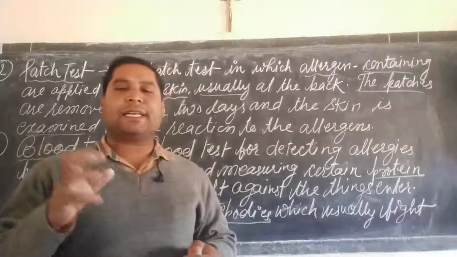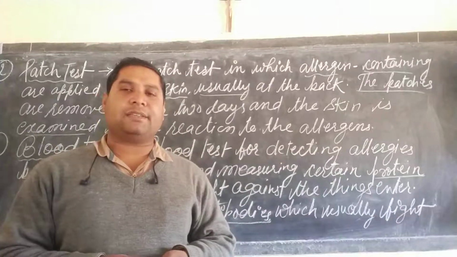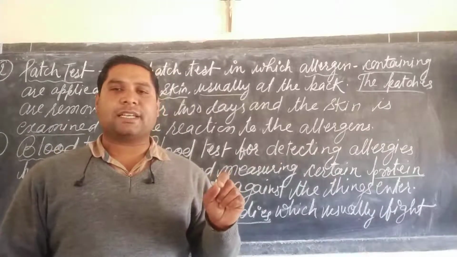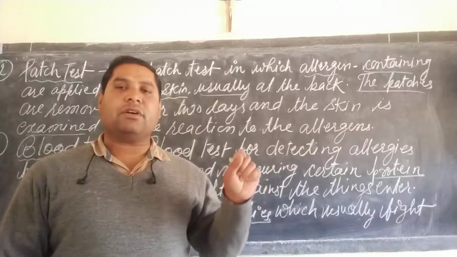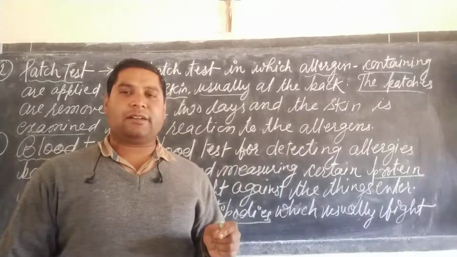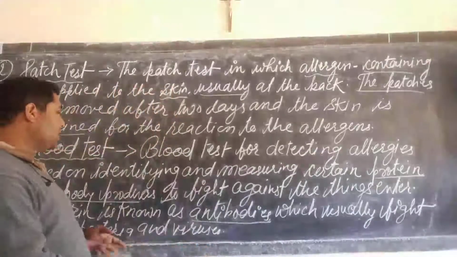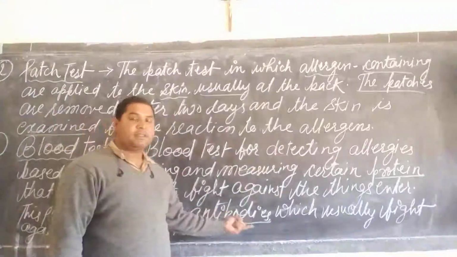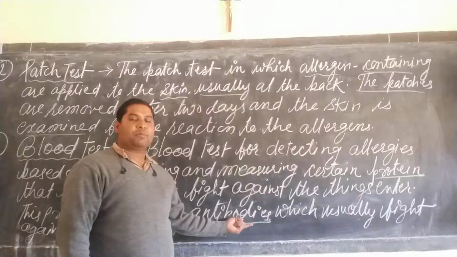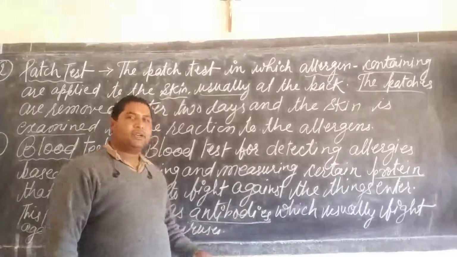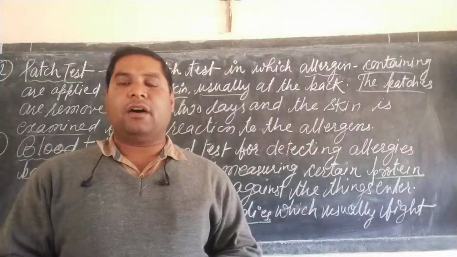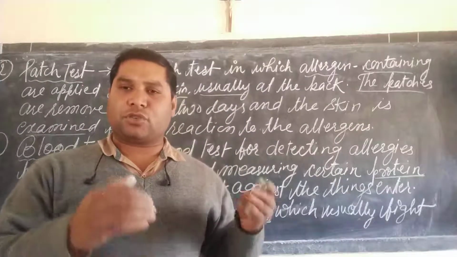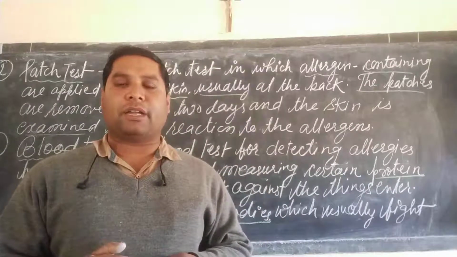So by blood test also it is identified whether the person is allergic to that particular substance or not, by measuring the antibody present in the blood which is produced by the body to fight against the allergen or the foreign things which enter our body.